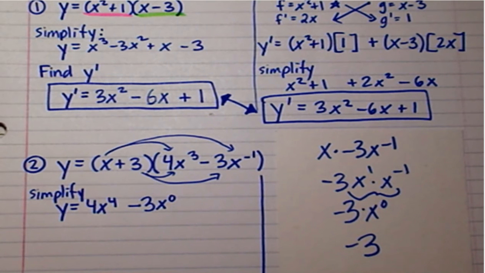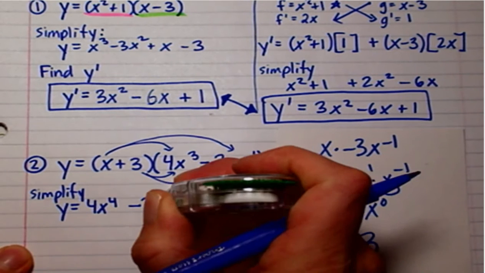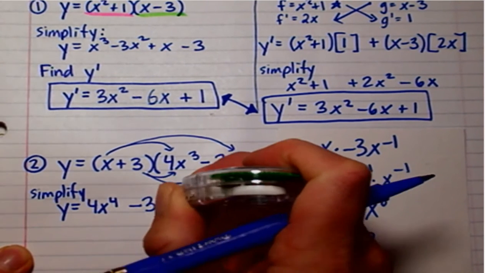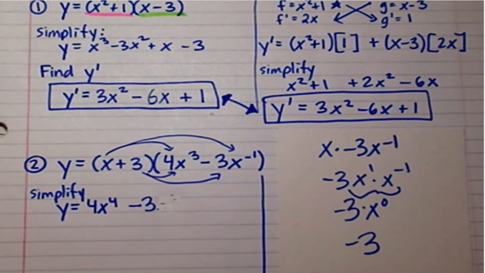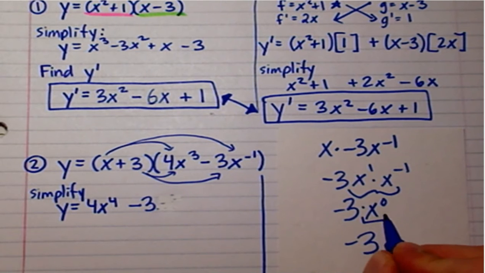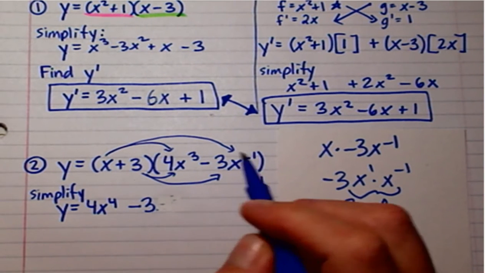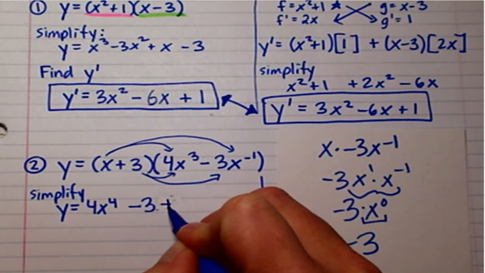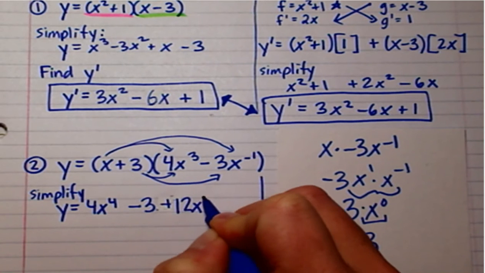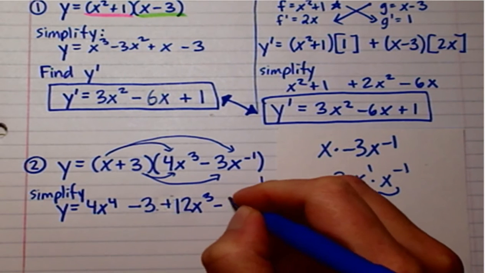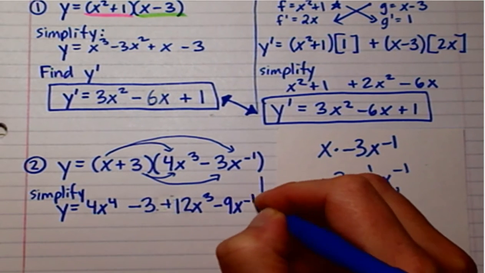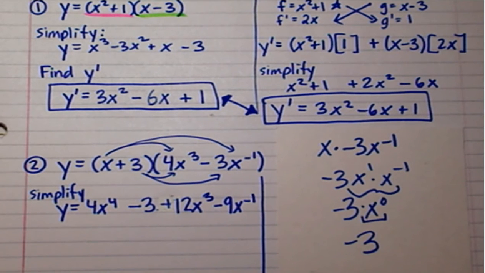Okay, because you add the exponents when you multiply. X to the 0 is nothing. It's a 1. So it's negative 3. First, outer, inner, last, minus 9x to the negative 1. Okay.